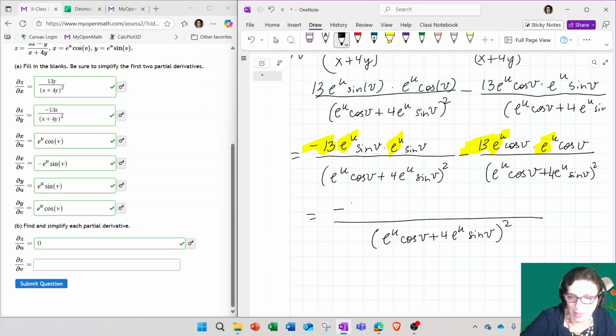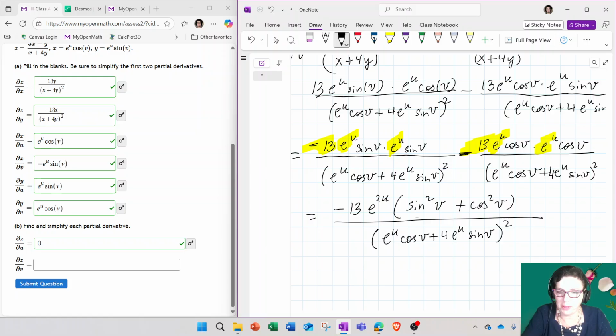So we get negative 13. e to the u multiplied by another e to the u, you add the powers if you know the rules of exponents, so this is actually going to be 2u. If you factor it out, you get sine squared v plus cosine squared v. Remember, we took out the negative, so that's going to be a plus.